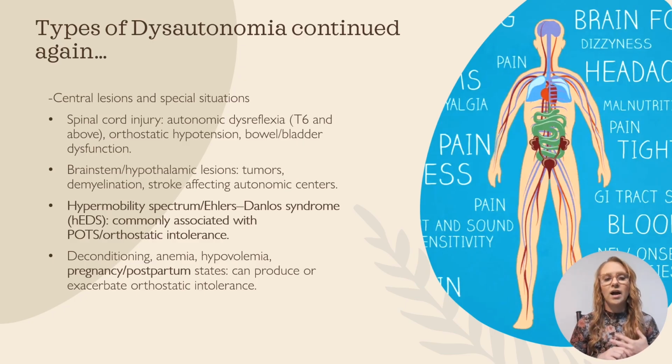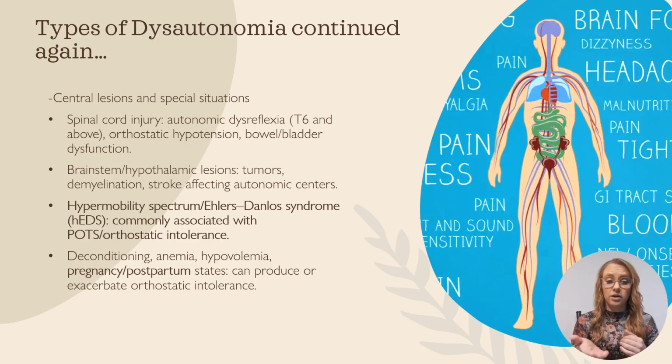Now, I highlighted here hypermobility spectrum disorders, or Ehlers-Danlos syndrome, EDS. EDS and POTS, you don't have to have one to have the other, but they tend to be very, very closely associated, especially with Ehlers-Danlos being a connective tissue disorder, so a lot of those blood vessels are affected, so then you'll get orthostatic intolerances where when you stand up, your blood flow doesn't quite go the way that it's supposed to, and then you'll get dysautonomic symptoms.